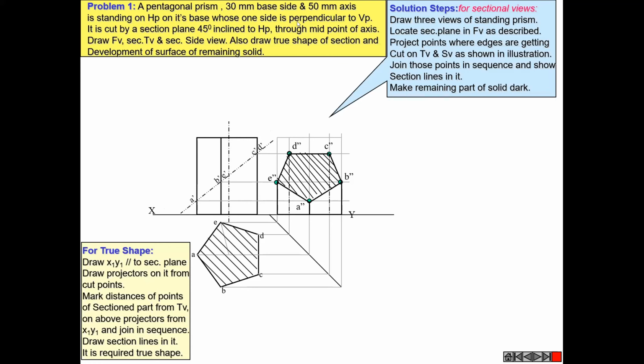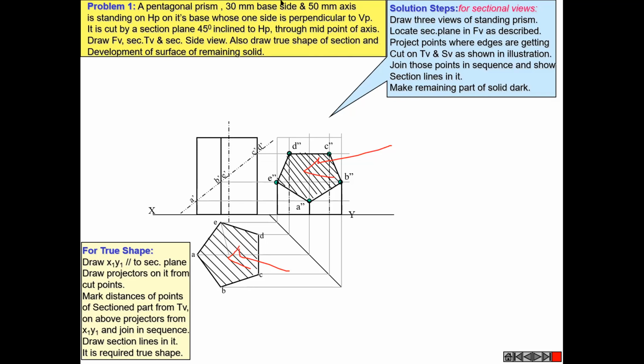Now the second thing comes over here, that is the true shape. See, after the cutting, this portion, is it parallel to us? No, it is not parallel. This portion, is it parallel to us? No, it is not parallel.